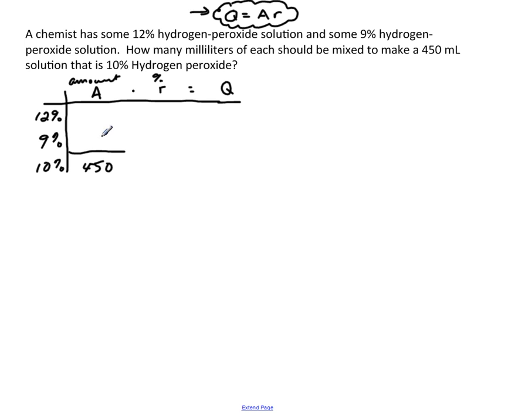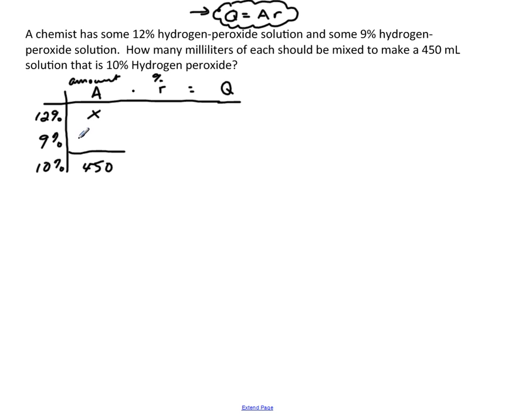Well, remember, in this case, we always add down the columns and multiply across. And if we add down this column, that means that whatever amount we put at 12%, we're going to have to add whatever amount we get at 9% to get a total of 450. So we've got X milliliters of our 12% solution.